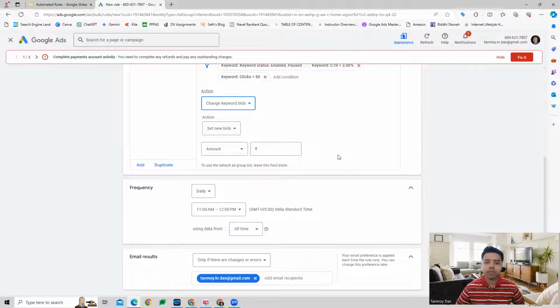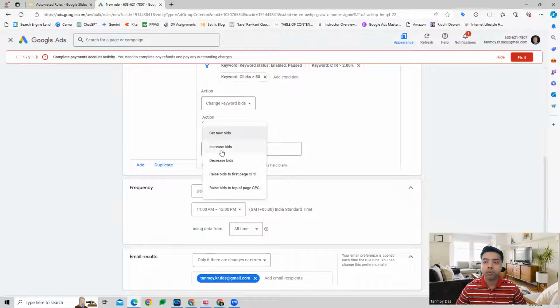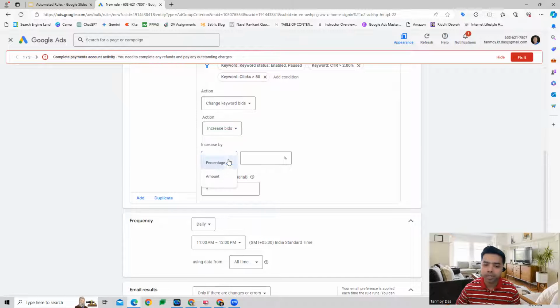Now there are various options which you get: you can set a new bid, or you can increase the bids by a certain percentage, all those options you will get. Let's say we would like to increase the bids by 10%. However, this cannot be an unending process, right? We would like to increase the bid, but up to a certain limit.